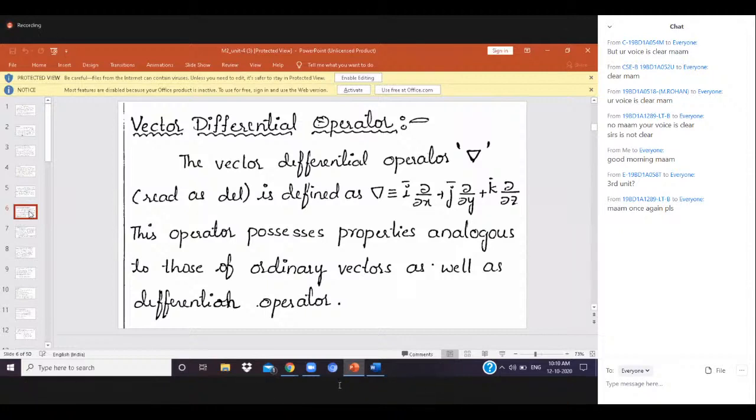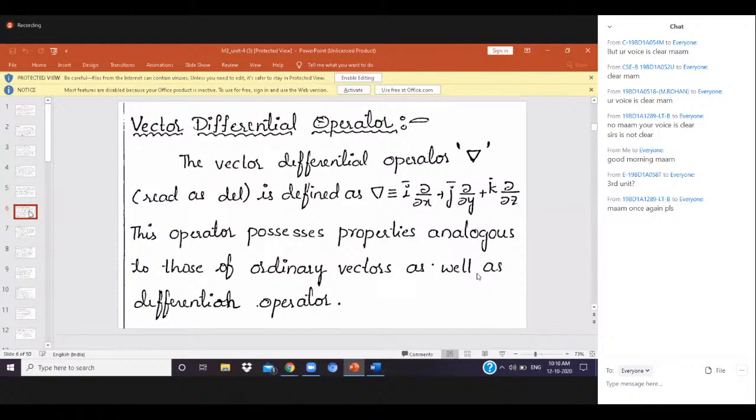This vector differential operator is denoted by del, and it is defined as i bar dou by dou x plus j bar dou by dou y plus k bar dou by dou z. This is the one you have to remember. This is the vector differential operator.